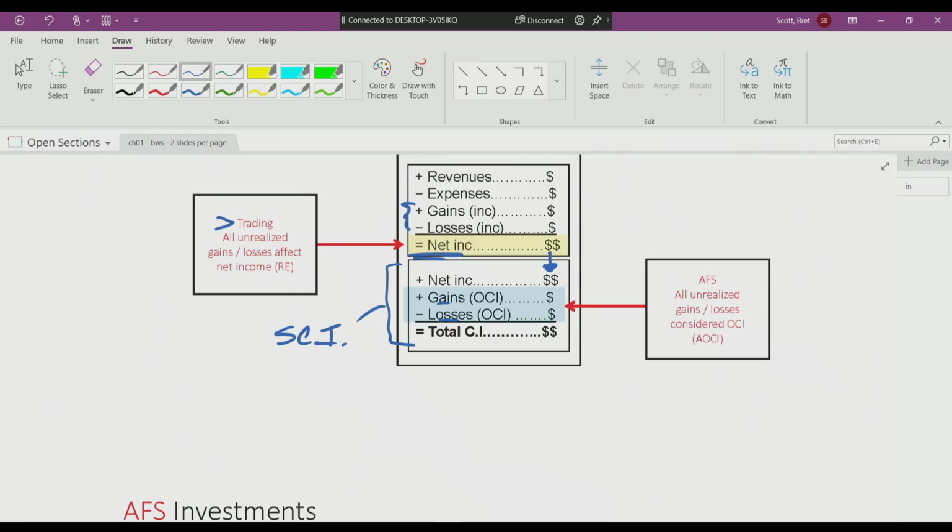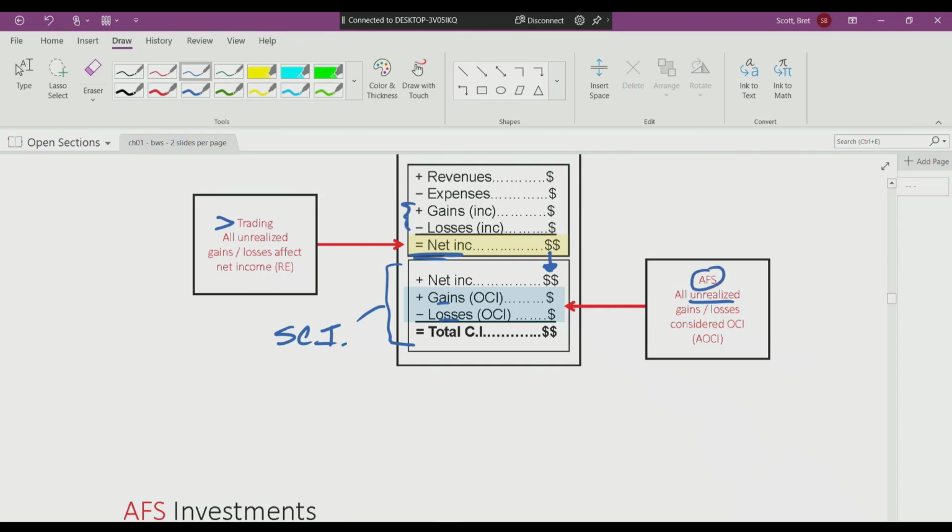We can actually have unrealized gains that don't show up in net income. We bypass net income and put this in the other comprehensive income section. When we do that, essentially we keep our net income clean. We don't dirty it up with any unrealized gains or losses from available for sale securities.